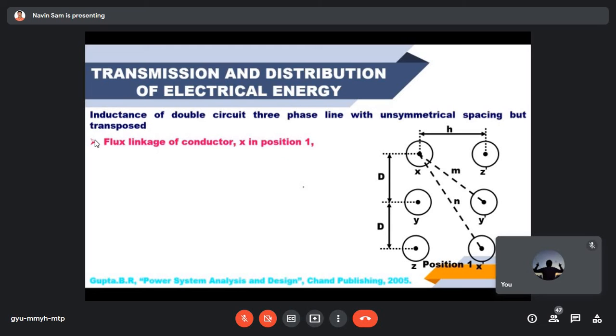The flux linkage can be due to its own conductor, and due to the current flowing through conductor Y. It can be due to the current flowing through conductor Z. Similarly, it can be due to the current flowing through conductors Z dash, Y dash and X dash. All these will contribute to the flux linkage. So now tell me the expression for flux linkage at position number 1.